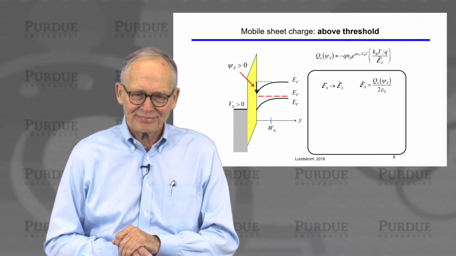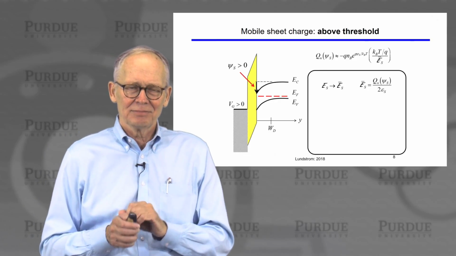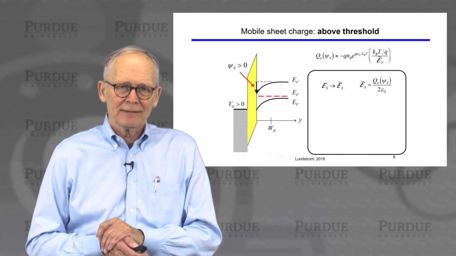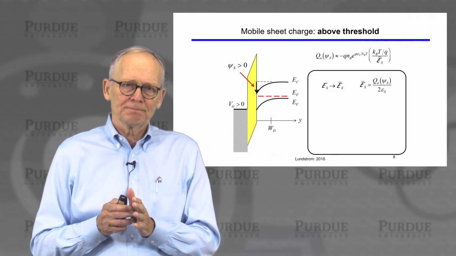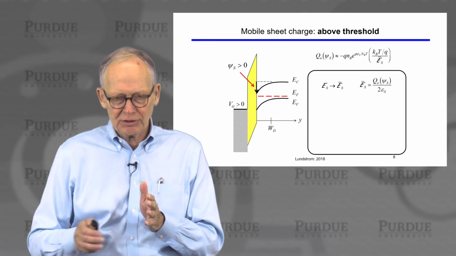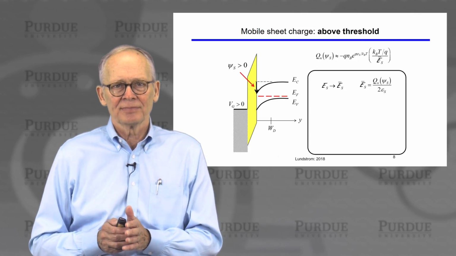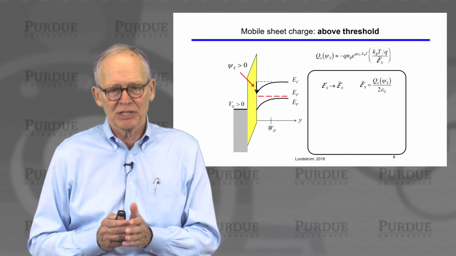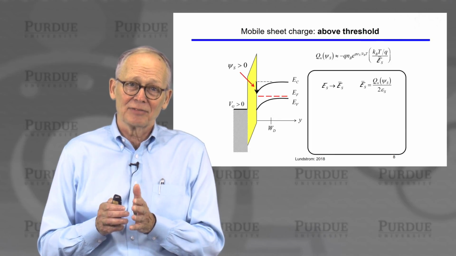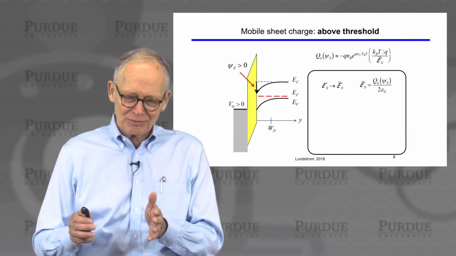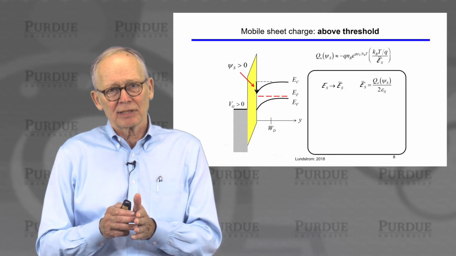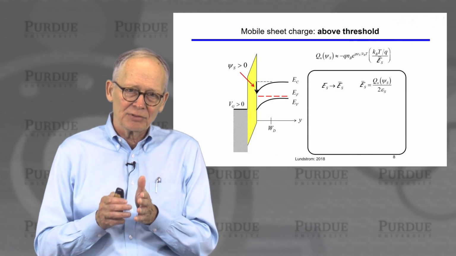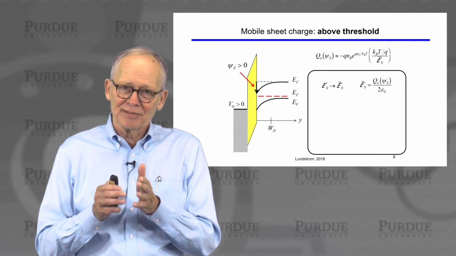That'll be the difference. Now, there is one other thing that we need to be careful about, and that is that we are now integrating this carrier density versus position. There's a large number of carriers and a large amount of charge in a very thin region. We would expect the electric field to vary very rapidly now. When we had a depletion region, we could assume that the electric field was constant at its surface value. But now, when we have an inversion region, we have a lot of charge in a very thin layer.